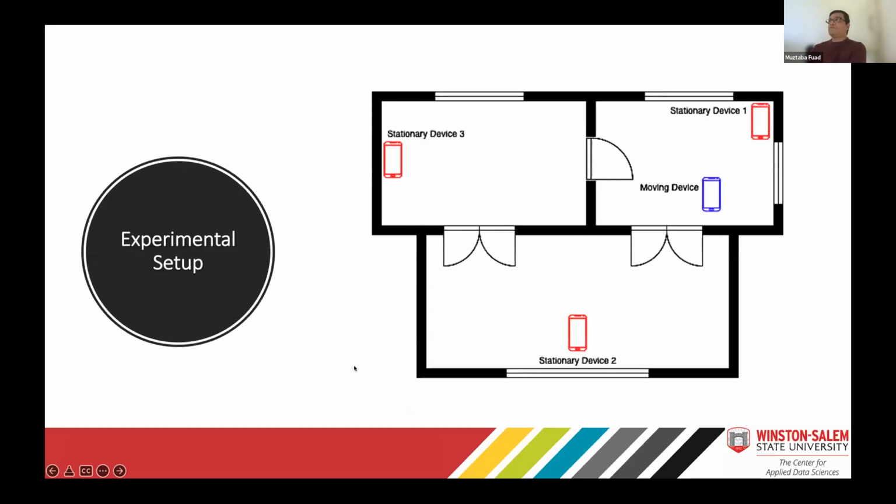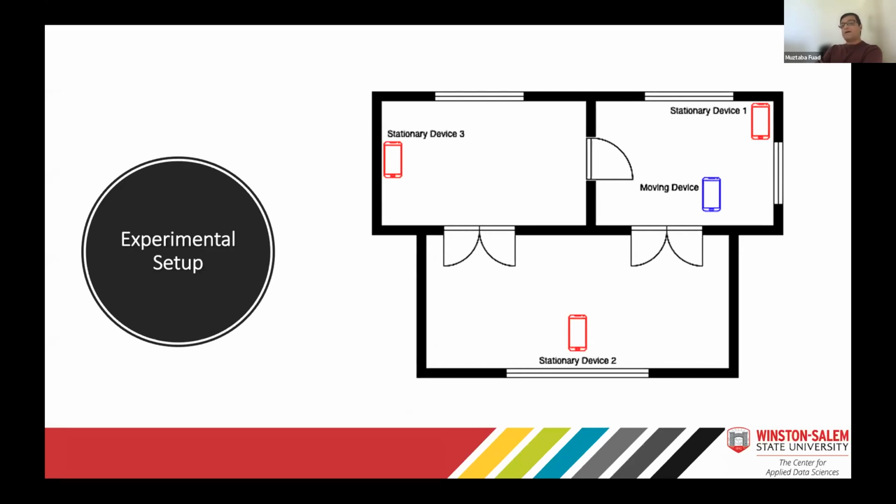Let me quickly give you the experimental setup. Assume that we have a three-room clinic where we placed three stationary mobile devices, in red, as you can see, and we have a mobile device which is moving.